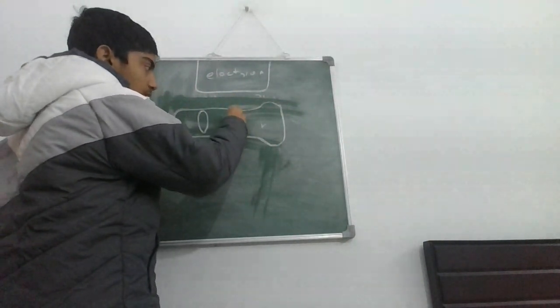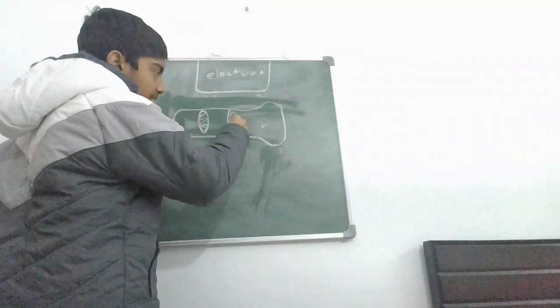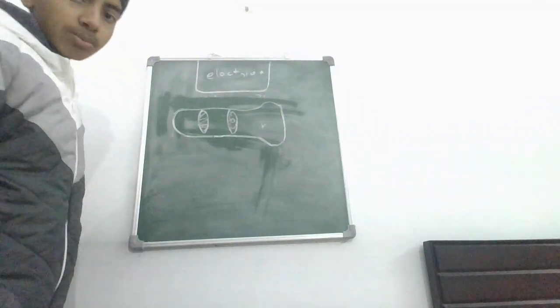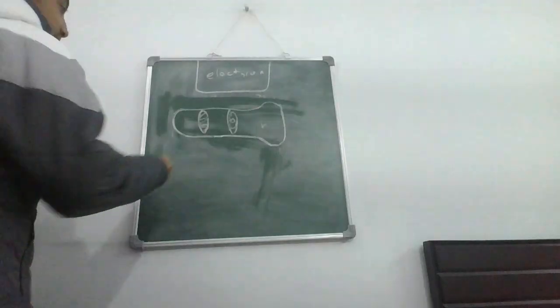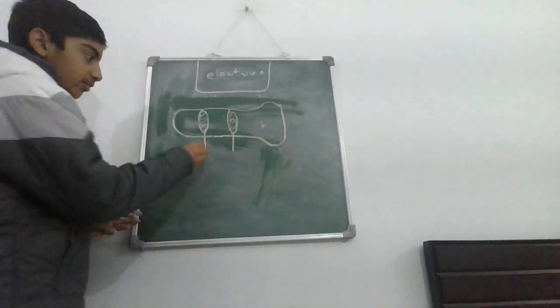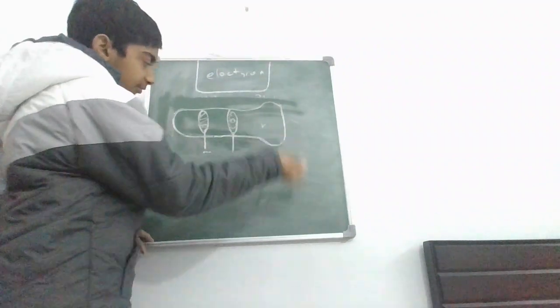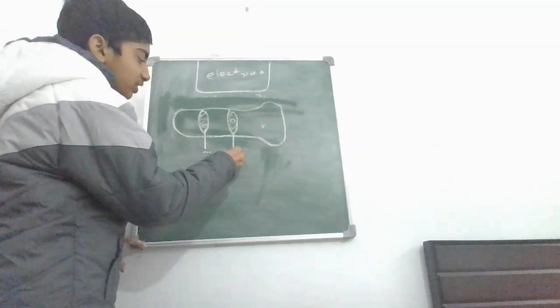One has a hole and the other doesn't. So what he did is connect these metal plates to a battery, with the one which doesn't have a hole to the negative side and the one which does have a hole to the positive side.